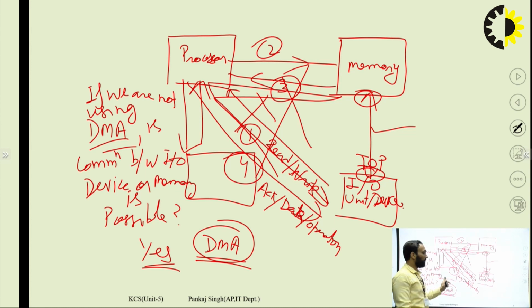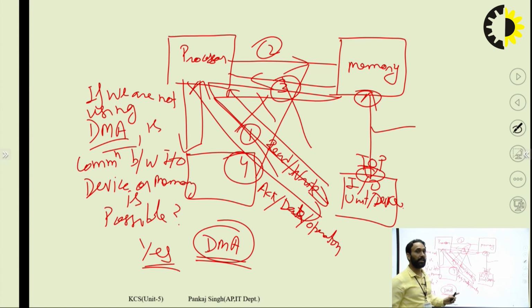The request will be sent to the DMA controller, or we can say control logic. It will forward it to the processor and take control of the data bus to share the data between memory and IO devices, and it will save one cycle, which we will discuss in further slides, known as cycle stealing. So, what is cycle stealing?